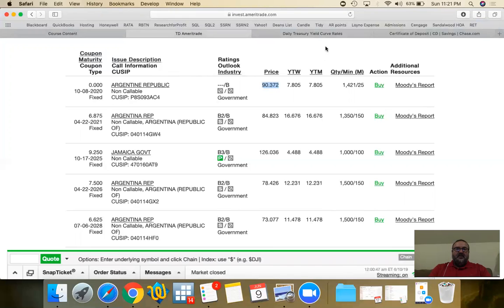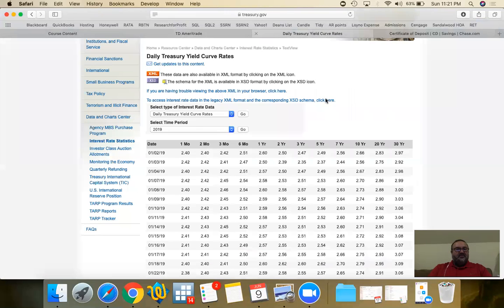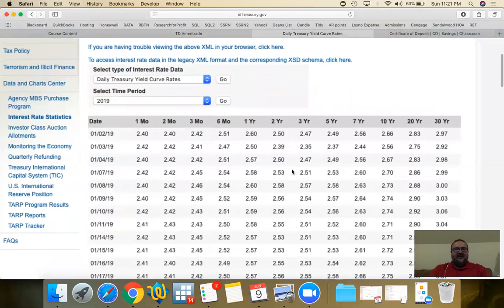Going back to the daily treasuries, very much like that Argentinian bond, these treasuries also sell for what you're willing to pay today. That's the current price. You're going to receive $1,000 or $10,000, whatever the face value is, on their maturity date. By paying a discount as of today, you are earning a certain level of yield.